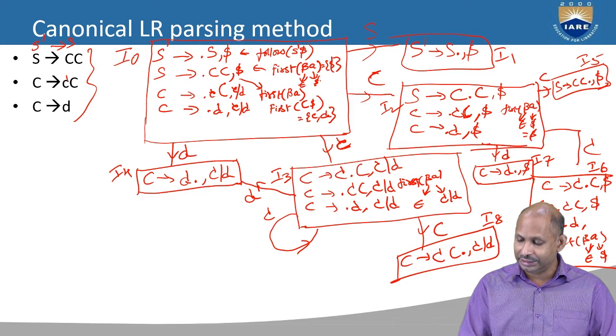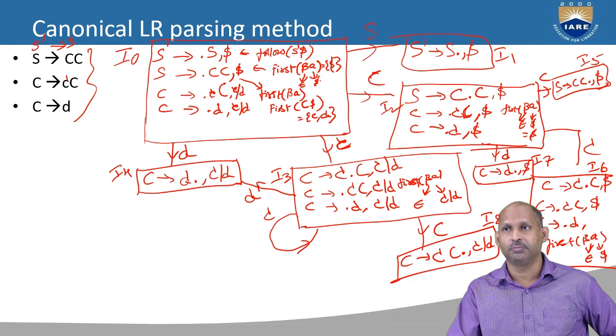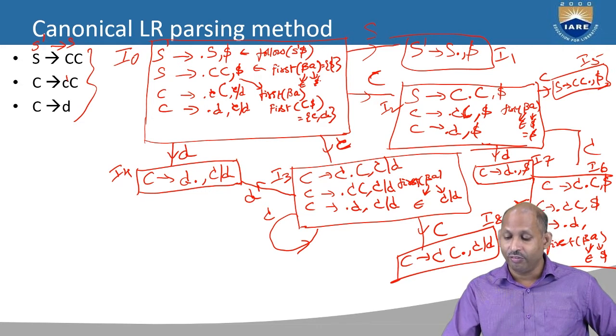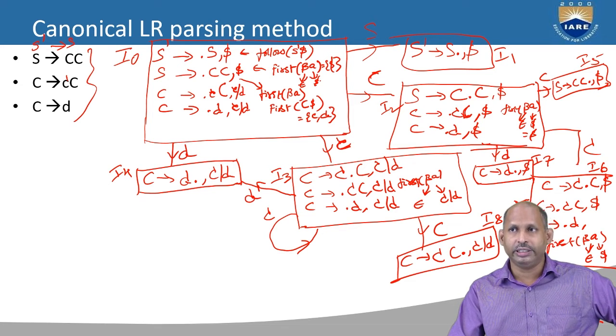So this is I9. Now if the terminal C is the input, what happens? Variable C gives terminal C dot variable C followed by dollar sign. Means it is also self recursion. So I6 on terminal C will go to I6 only. On D.